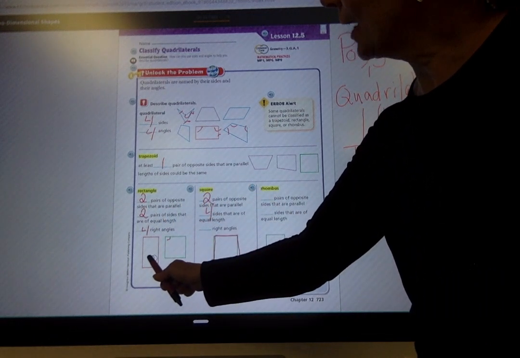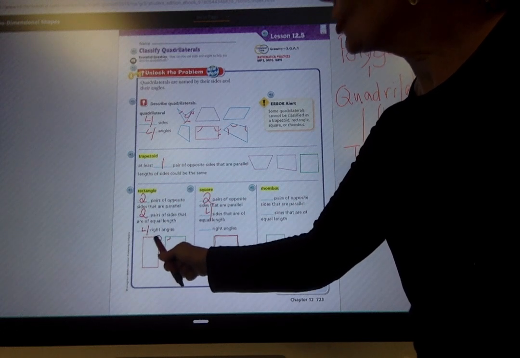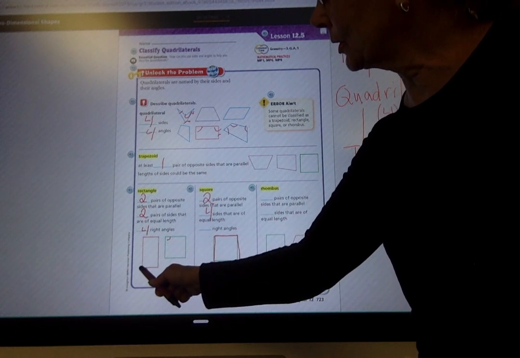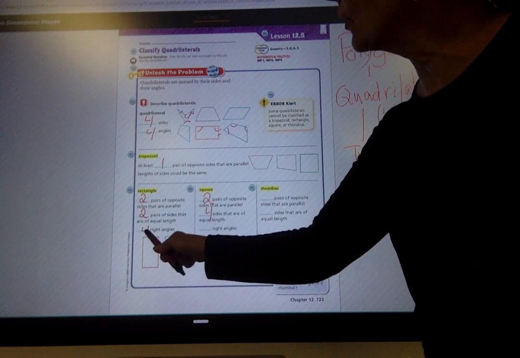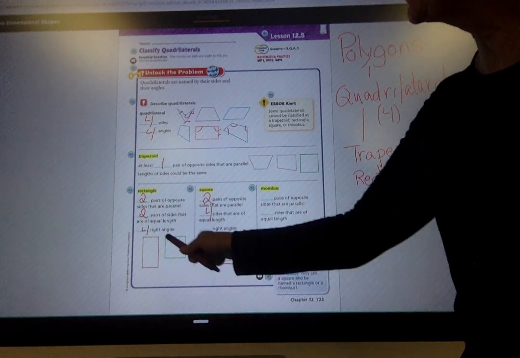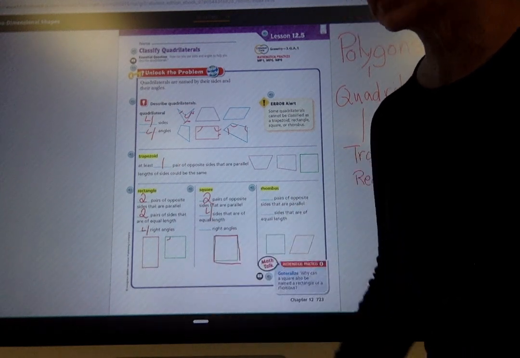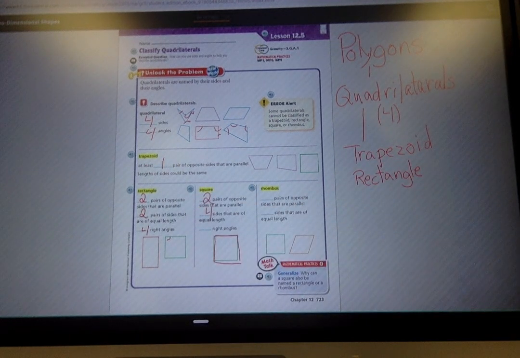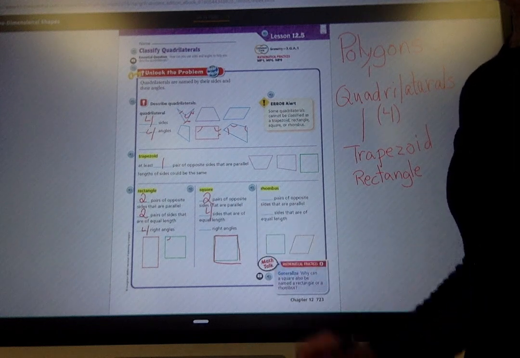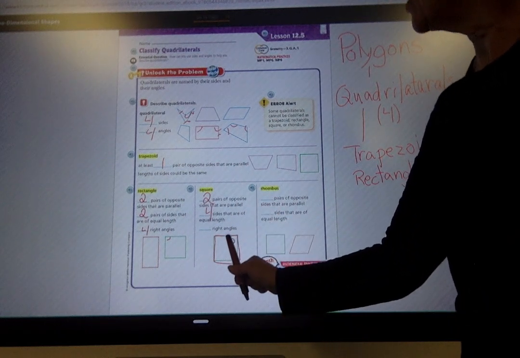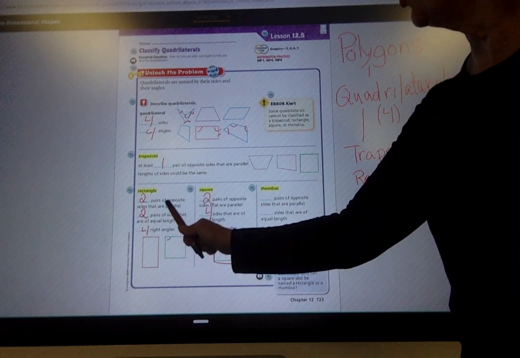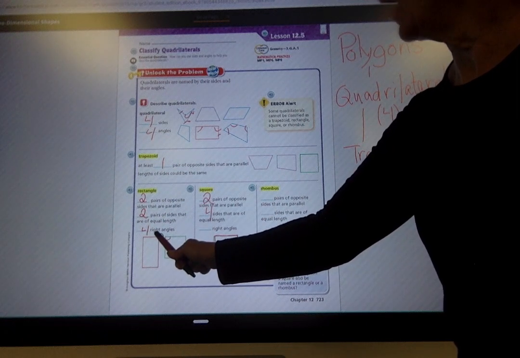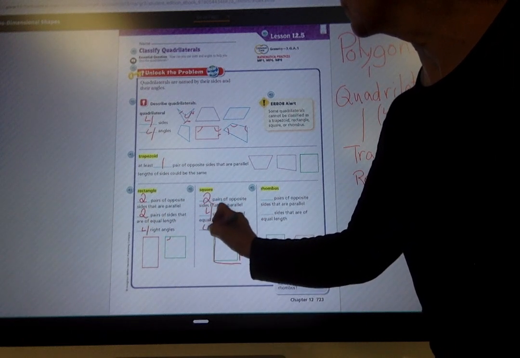This is not a square because it has 2 lines that are equal to each other and 2 other lines equal to each other, but they're not all equal to each other all the way around. And how many right angles? Well, if a square is a rectangle, we know that the rectangles have to have 4 right angles.